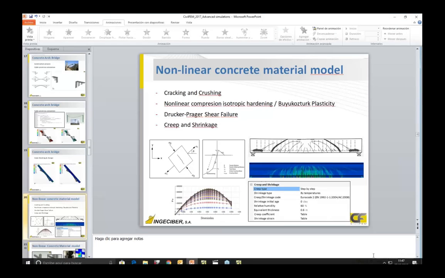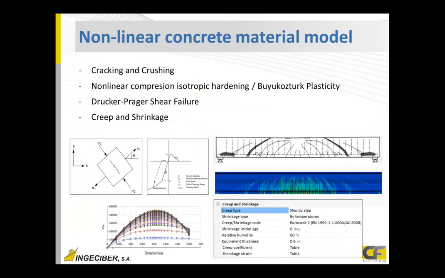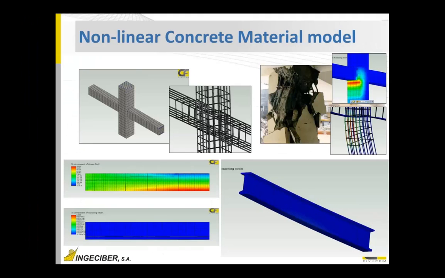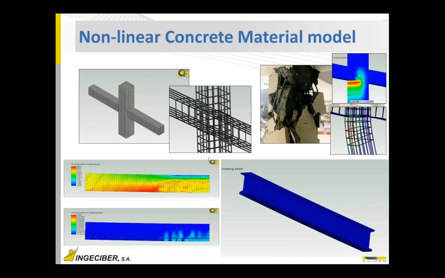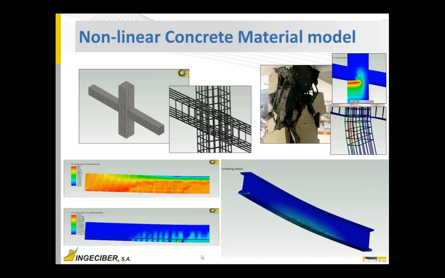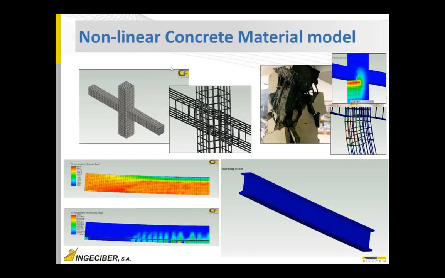Here if we see some examples of these models, on the left we have a 2D model, stresses on top and cracking strains on bottom. This is half of the beam that is modeled with vertical loads, and we can see that when cracking happens, the normal stress is modified.